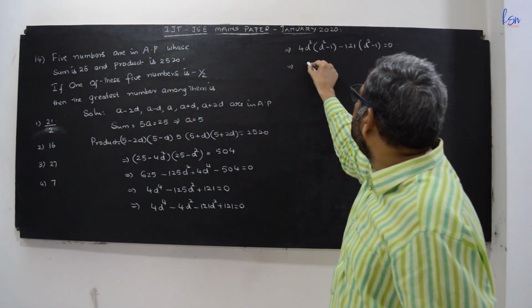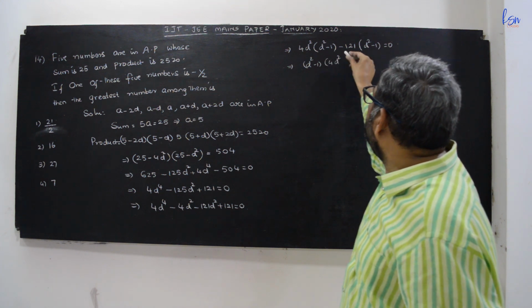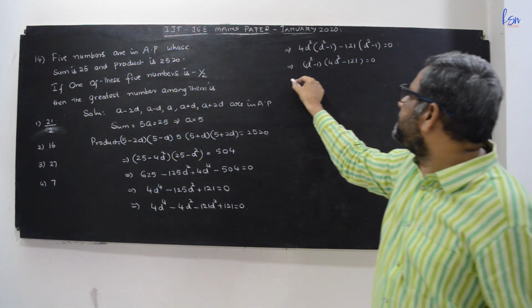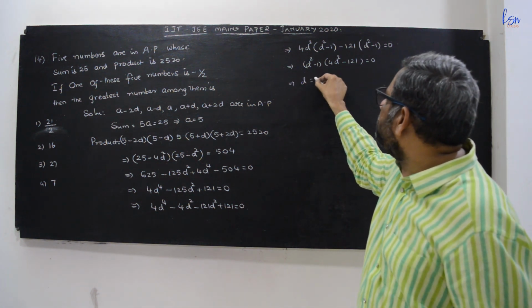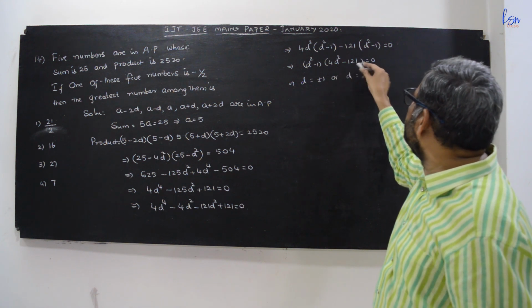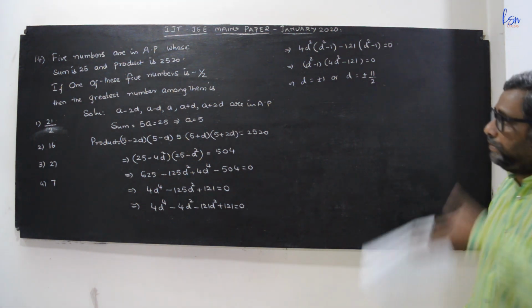This implies (d square minus 1) into (4d square minus 121) is equal to 0. This implies d is equal to plus or minus 1, or d square equals 121 by 4, so d equals plus or minus 11 by 2.